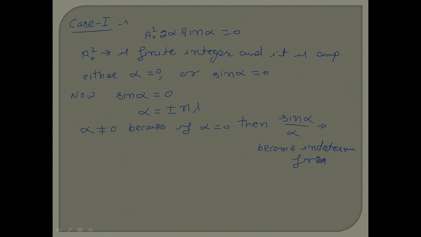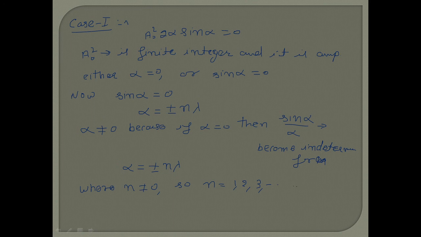So the next point is alpha is equal to plus minus n pi, where n is not equal to 0, so n is equal to 1, 2, 3 and so on.